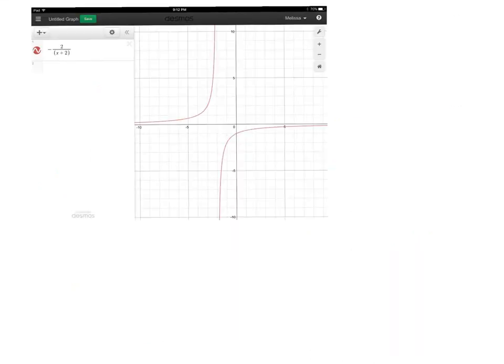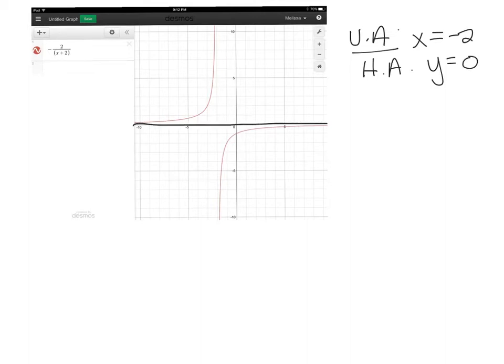Alright, looking at the graph of the function, everything we said would happen is true. We have a vertical asymptote at x equals negative 2. We have a horizontal asymptote at y equals 0, which is the x-axis. Y equals 0 at every point on the x-axis. So here's y equals 0, our horizontal asymptote.